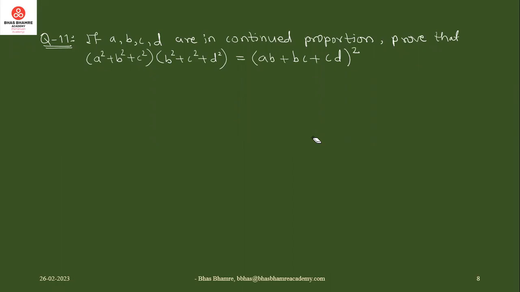Yes, it's a typical problem, and I'm not expecting you to do it immediately, but the K method can help us. What's the K method? We shall first see the meaning of A, B, C, D being in continued proportion, and then we consider K, and so we are going to get some values.